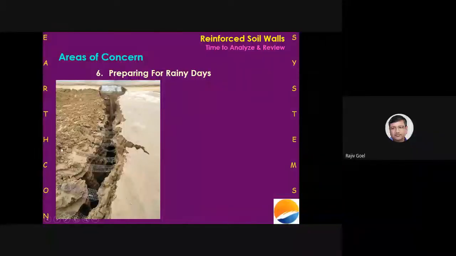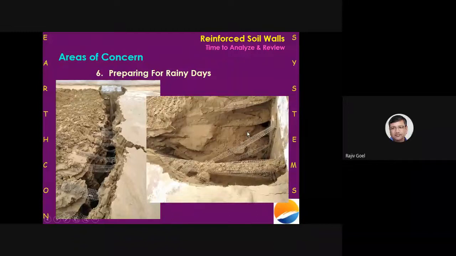This is where the water got into the wall, and it went out from the fascia panels on this side. So all this backfill was eroded, and all these geogrids, you can see how they look finally. And after that, the only way to rectify was to reconstruct it.